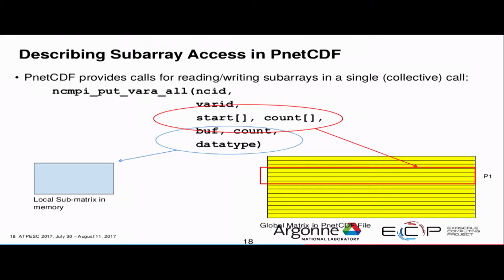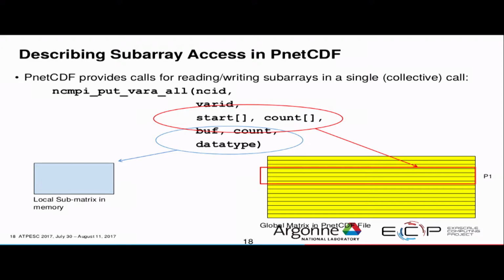So if we're going to describe how we're going to write out to a file in a Parallel-NetCDF file, we have two things to worry about: describing the memory and then describing where we want it to go in the file. So to walk through in a little more detail, the put vara all call takes an NCID identifier, which dataset are you writing to? The variable identifier is which variable, of the many variables you've described, you are talking about.